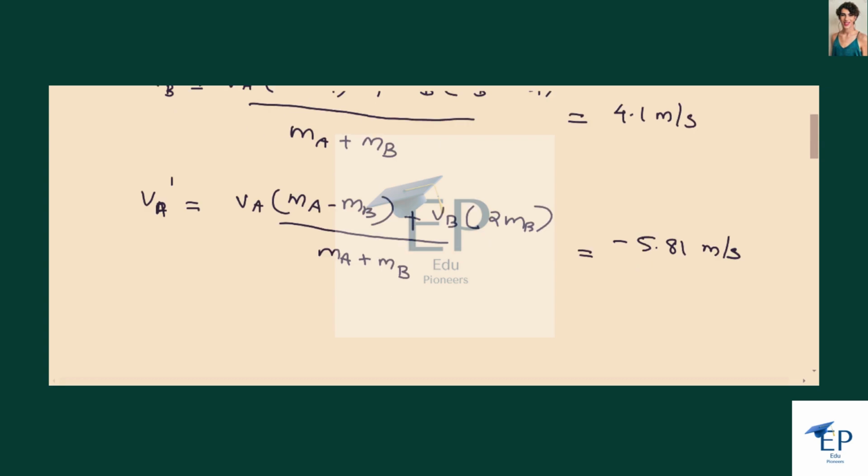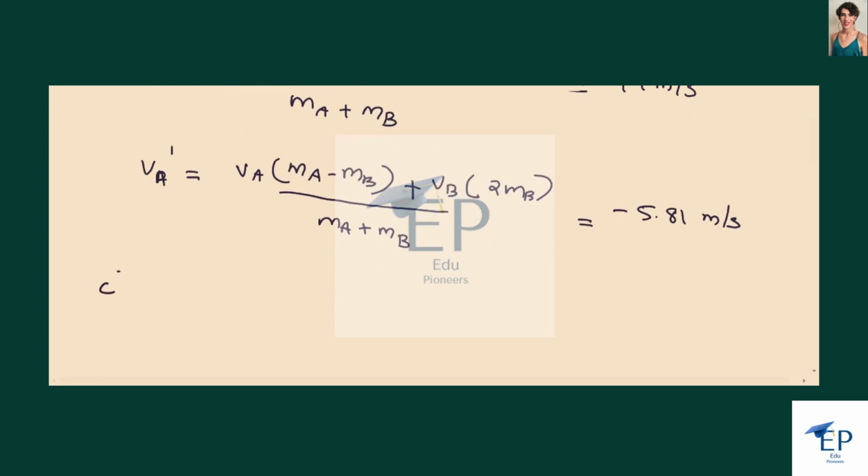And the next case is the 6 kilogram object is at rest after collision. That is, our object A, Va prime is equal to 0.